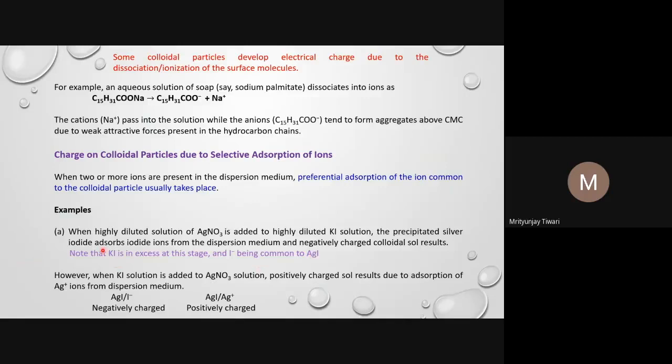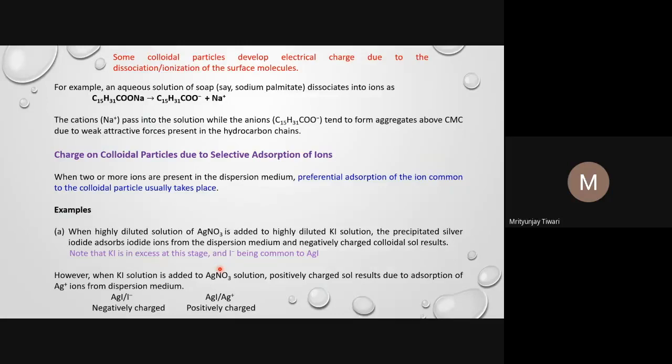However, when you add KI slowly to the AgNO3 solution, it means AgNO3 is already in excess, so Ag+ and NO3- ions are in excess. As soon as you add KI, colloidal particles of AgI, silver iodide, will be formed.